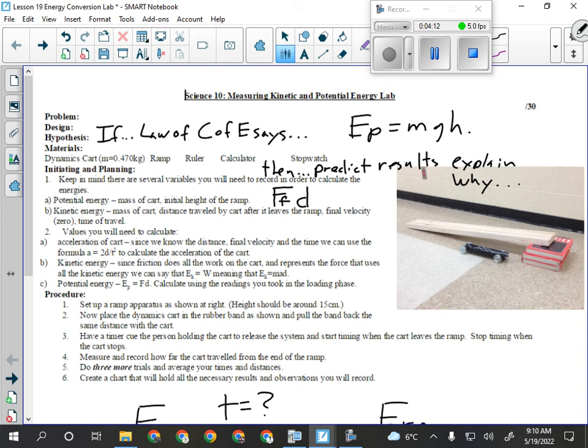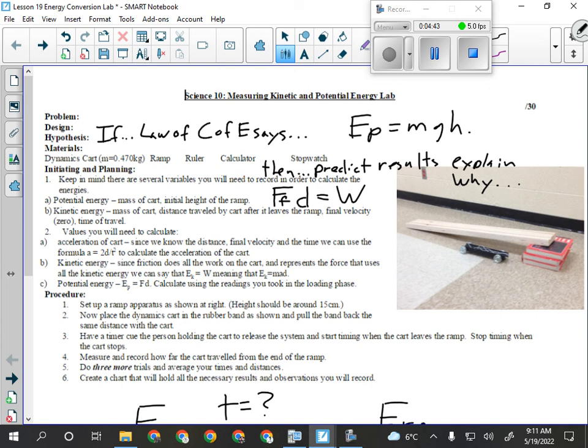And we're going to time how long it takes the cart to stop. That way, we can get the force of friction, and we can measure the distance. What does force times distance calculate? Work. Will the work done in stopping the cart be equal to the kinetic energy it had at the bottom of the ramp?